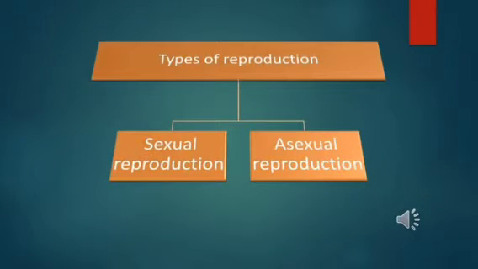Now in this lesson we are going to study about the different modes of reproduction in plants. So there are several ways by which plants produce their offspring, and basically they are categorized into two types: sexual reproduction and asexual reproduction.